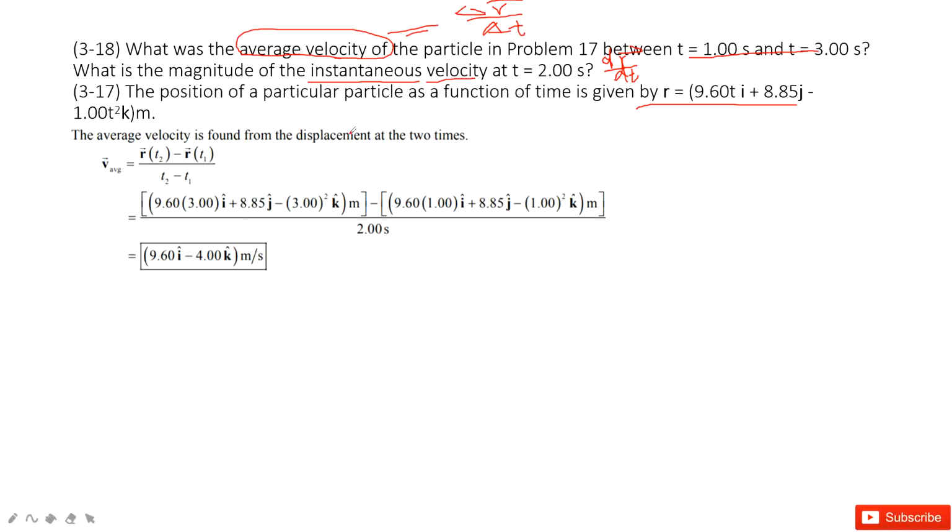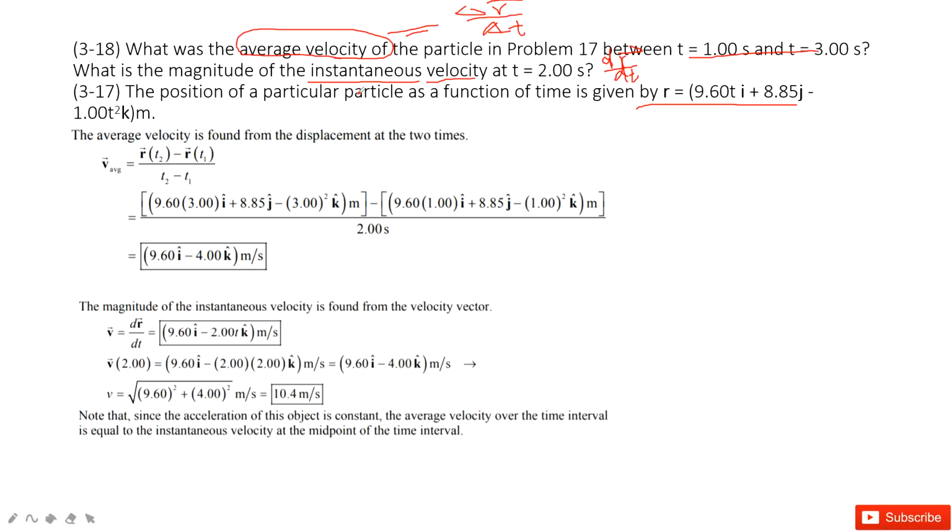The next one, when we consider the instantaneous velocity, we take the derivative. And the derivative, we can see, is still in two directions, right? So i and k. For the i component, there is just 9.6 times t, so we keep the constant 9.6.